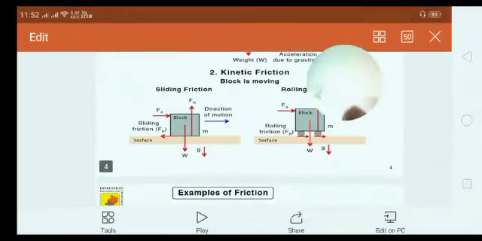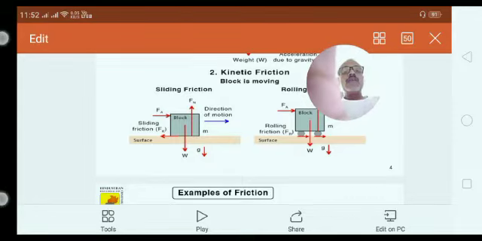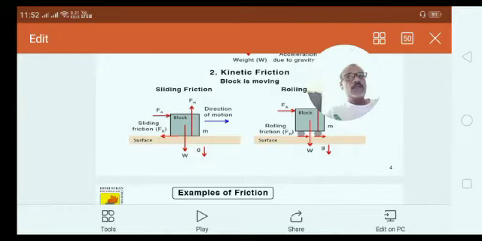The value of the applied force and the opposite force are not equal, so the block starts sliding. That is called sliding motion. In sliding friction, the direction of the motion is always opposite to the frictional force, and both are not equal.